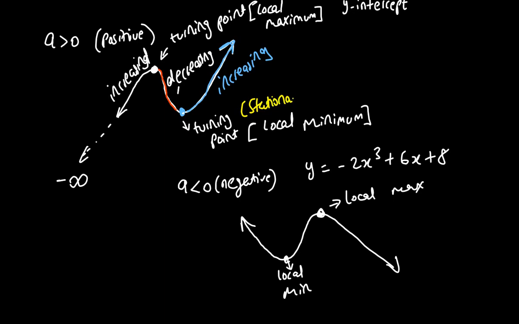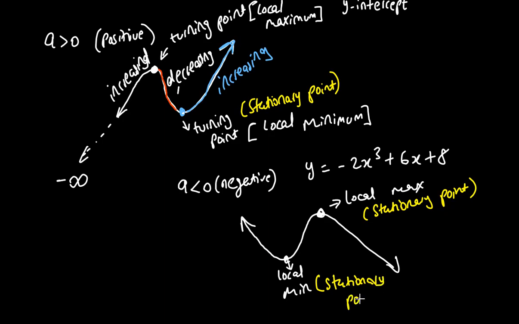So this here is called a local maximum, or you can say it's a stationary point, and then even this one is a stationary point. So the question will just be, amongst your stationary points, which one is the maximum and which one is the minimum? Okay, so stationary point is another name for turning point.